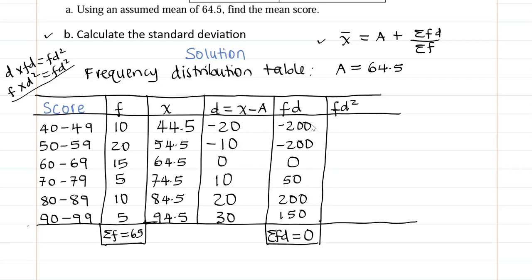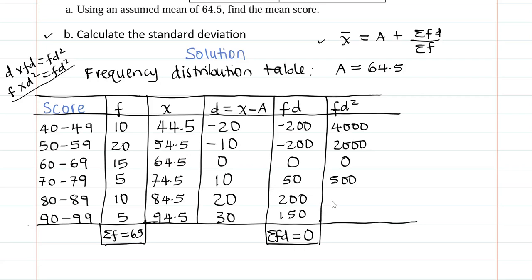So I'm going to use the D and FD to find FD squared, such that I just say negative 20 times negative 200, I get positive 4,000. Press the calculator. I say negative 10 times negative 200, I get positive 2,000. 0 times 0, I get 0. 10 times 50, I get 500.